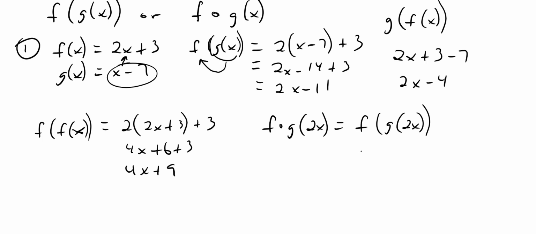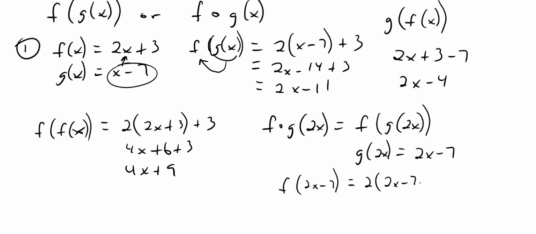So let's do that. Let's do g of 2x first, right? g of 2x is going to be, put a 2x in there where x is, so 2x and then minus 7. So that's what g of 2x is. And then you just take that and you put that into f of x. So f of 2x minus 7 is just going to be 2 parentheses 2x minus 7 and then plus 3.